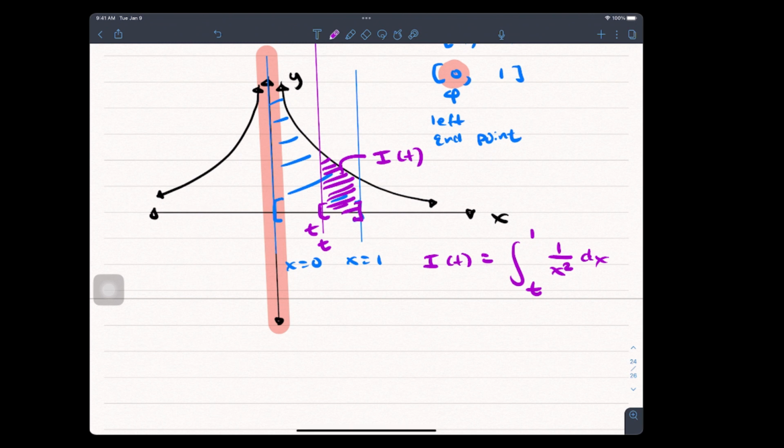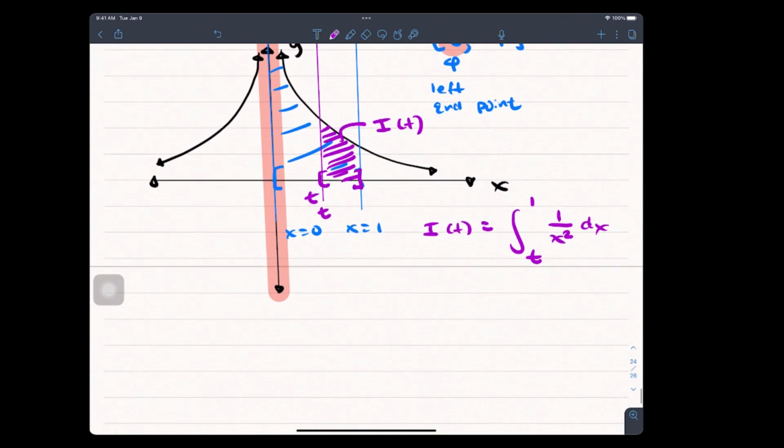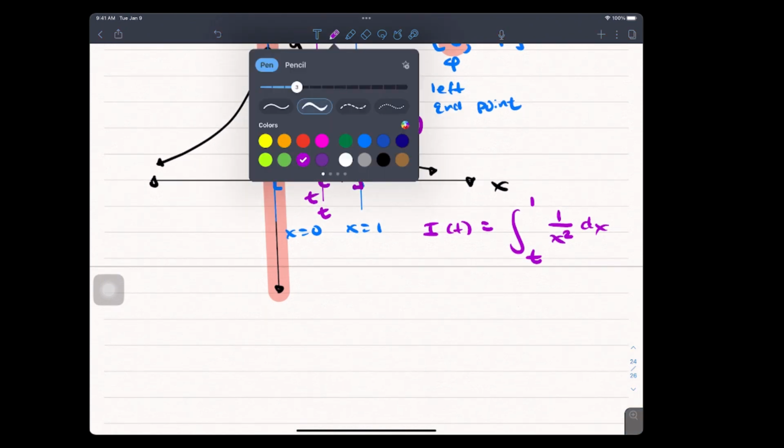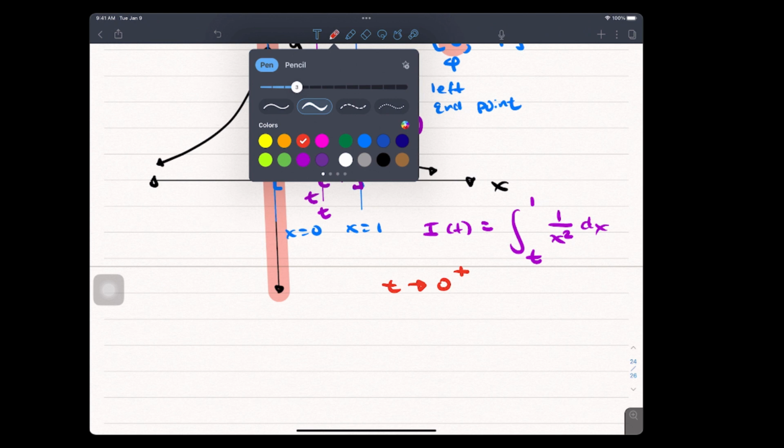And then after that, what are you going to do with that t? You're going to let t go to 0 from what direction? From the right, because you're going to approach 0 with t from the right. So in other words, here's how that improper integral looks.